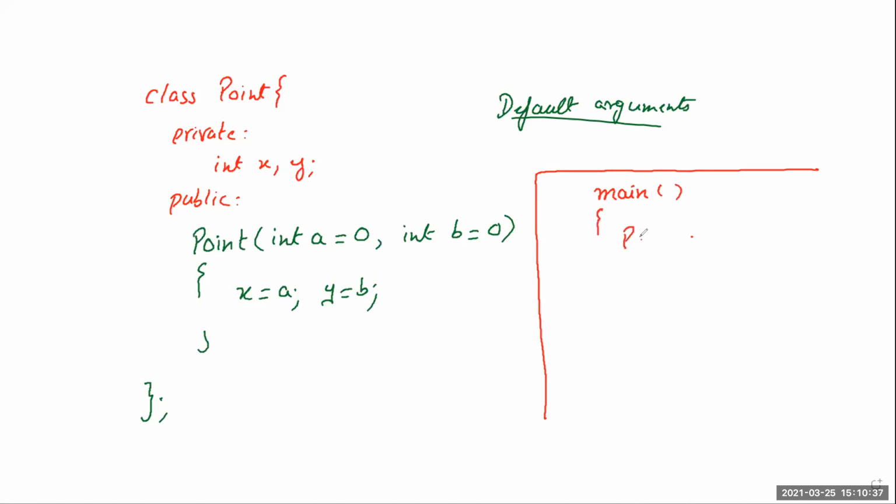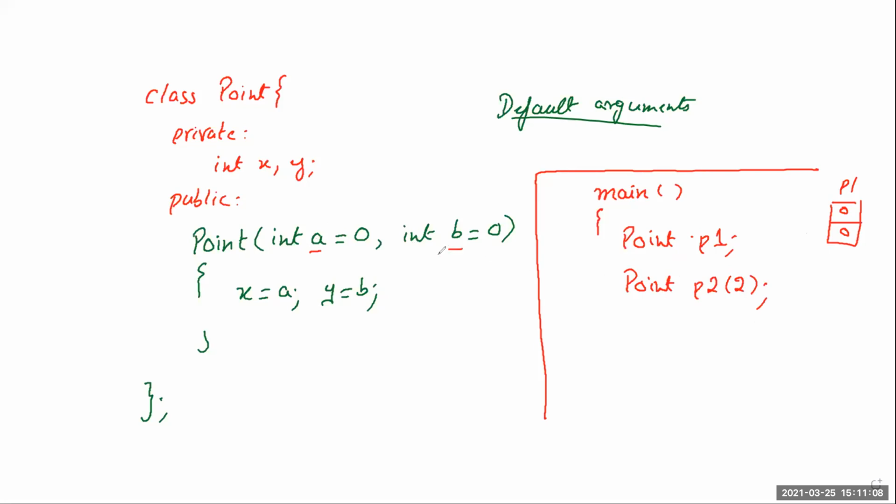Now you see I can write point p1. Since I did not provide any value, both the default values are used. So in P1, I will have 0, 0. I can also write point P2 and pass only one value. When I pass only one value, this value goes to A, so X will get this value.